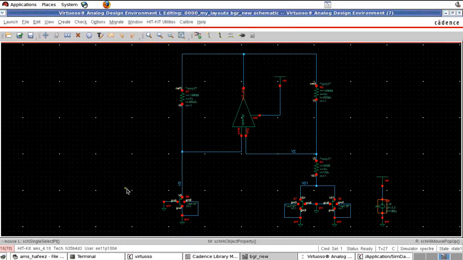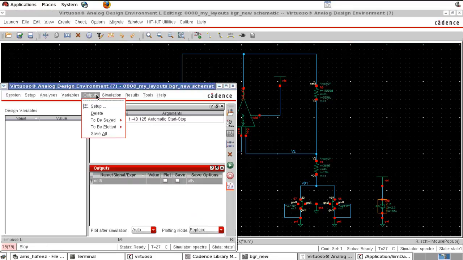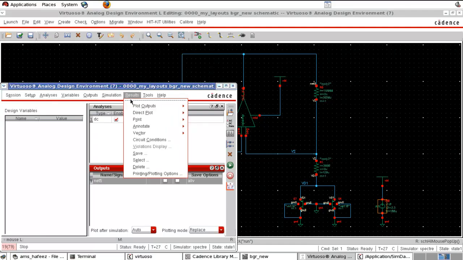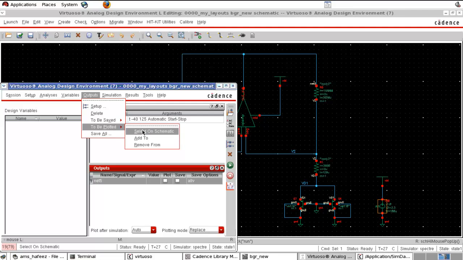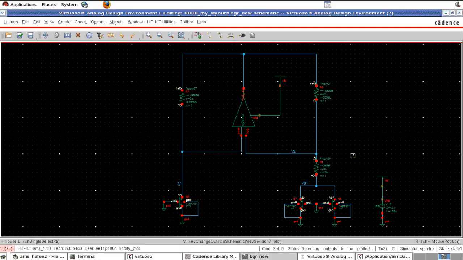By giving this we made our VDD as in the real case. So let us plot the VDD. We plotted, select on schematic. This is the VDD we need.